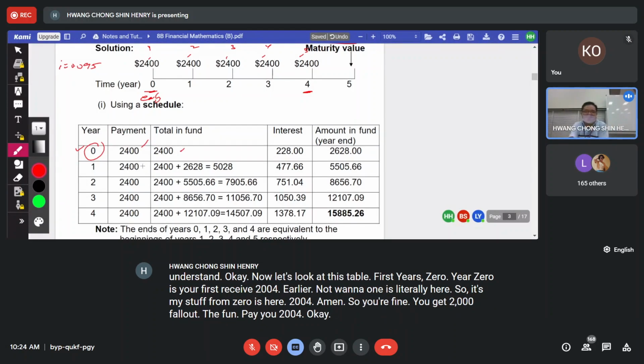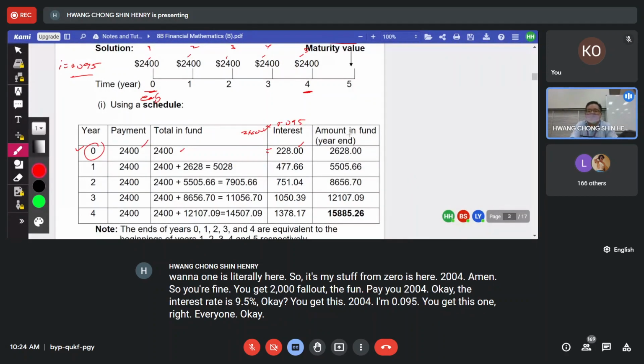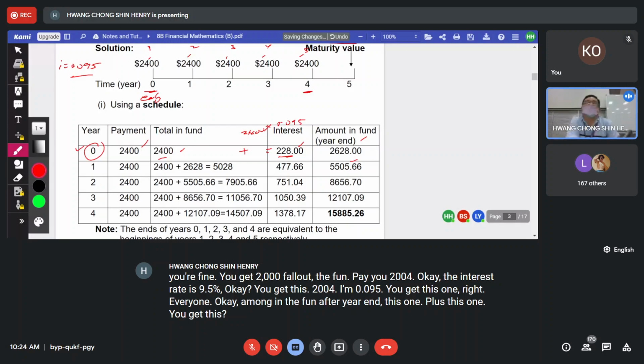Okay, the interest rate is 9.5%. On the calculator, 2004 times 0.095, you get this one, right? Everyone? Okay, the amount in the fund after year end: this one plus this one, you get this? That's what we did last week. Okay, now you go to year 1.